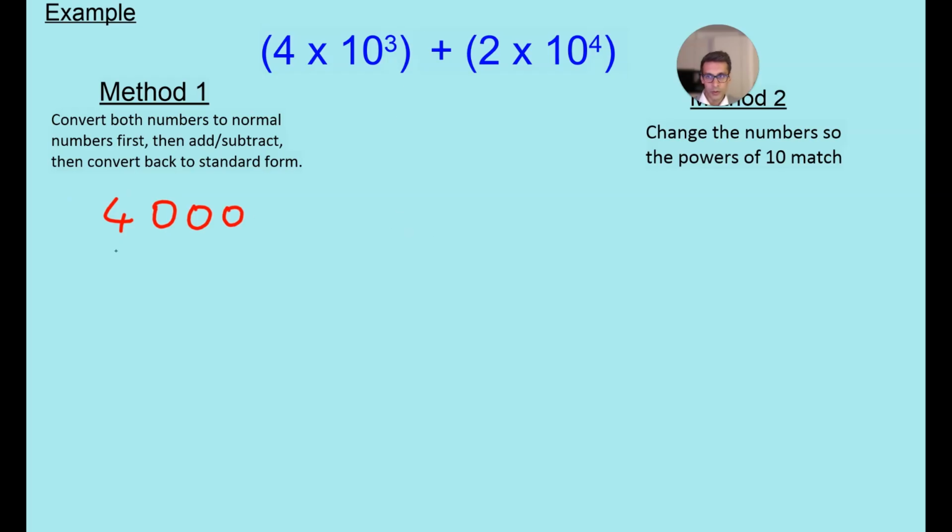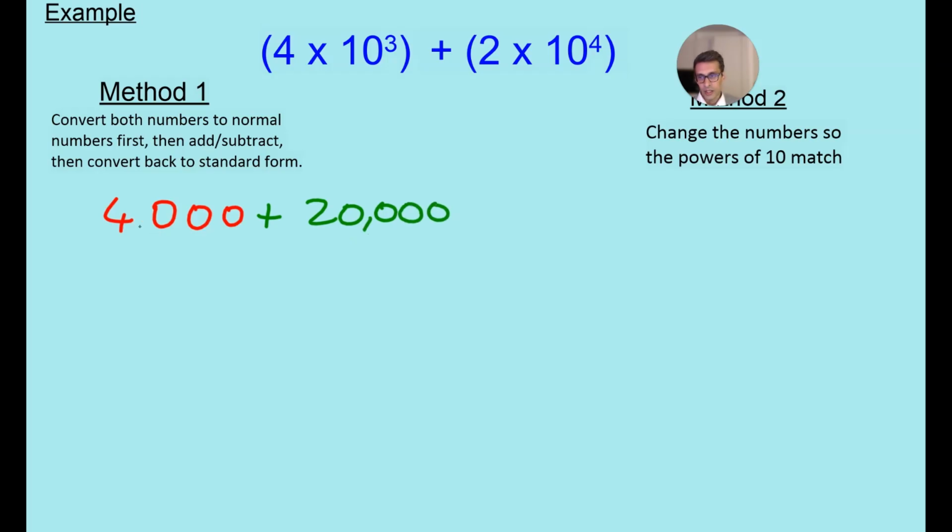We can double check because the decimal starts here and moves 3 places, so that's going to be correct. And then the 2 times 10 to the power 4 is 2, and then 1, 2, 3, 4, so you can see the decimal moves 4 places, so it ends up there. So this is 20,000, so 4,000 plus 20,000.